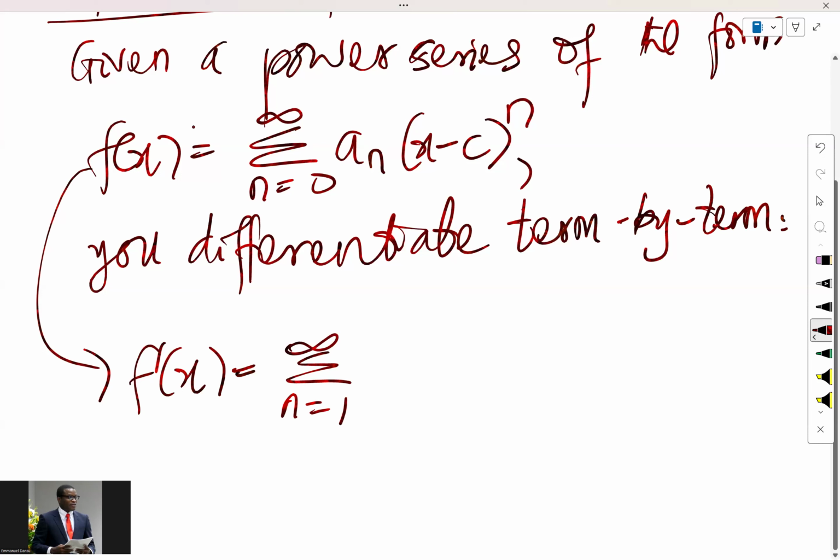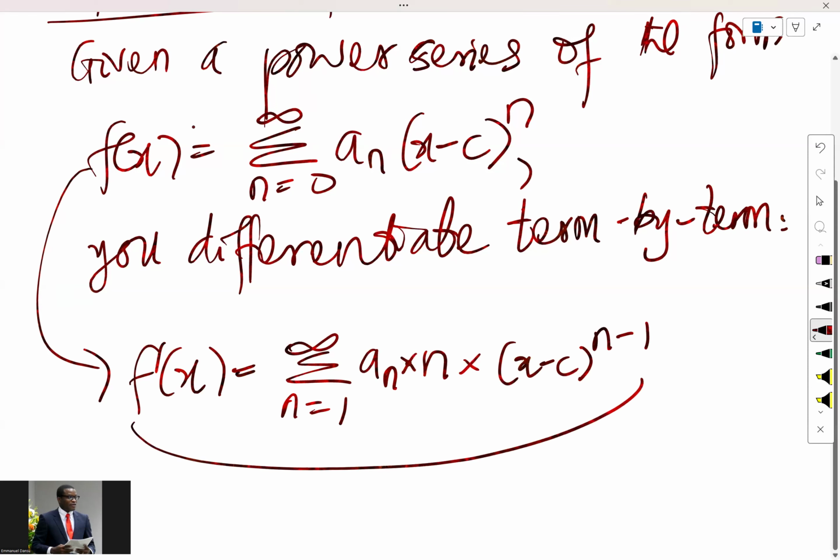Then you have a_n, the coefficient, and you behave like you're differentiating a function of a function, just like we saw in the last video, where you bring down the power n. So you have a_n times n times (x minus c), the center, raised to power n minus 1. That's what the derivative would look like.